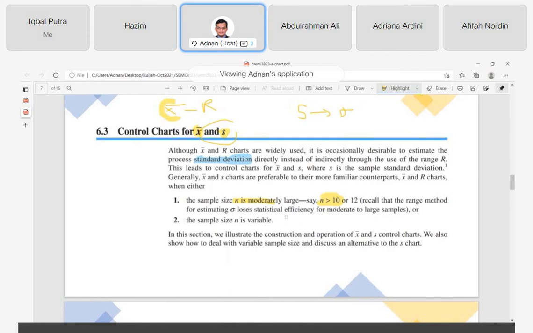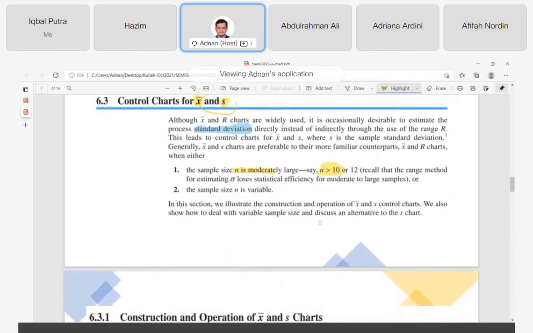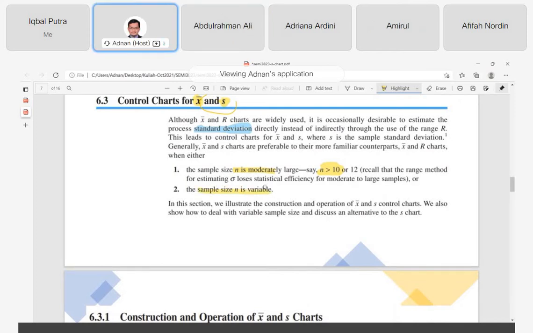If the sample size is variable, we can also use the S chart. Variable sample size means sometimes we take 10, sometimes 8, sometimes 15. We can use the S chart.